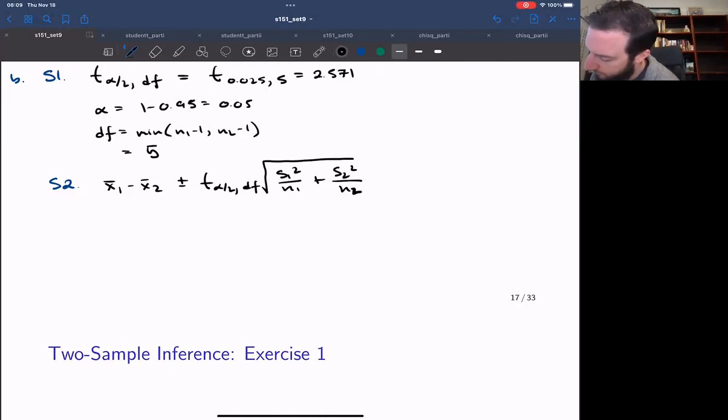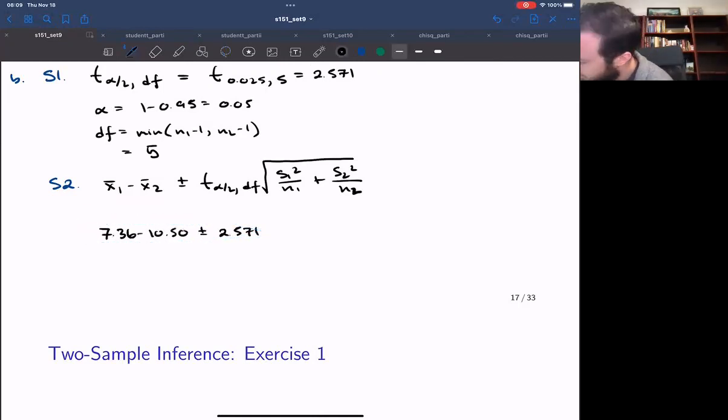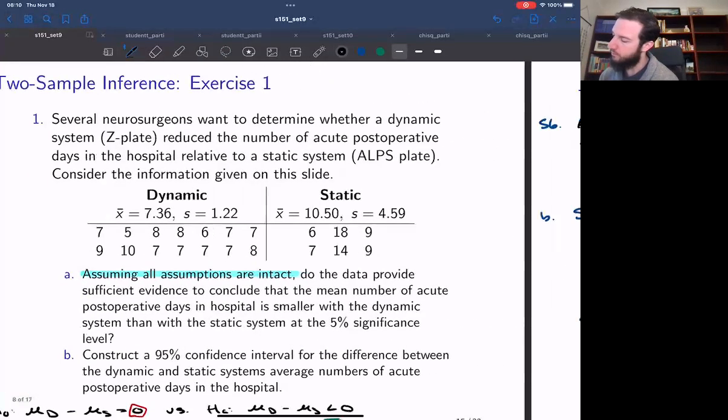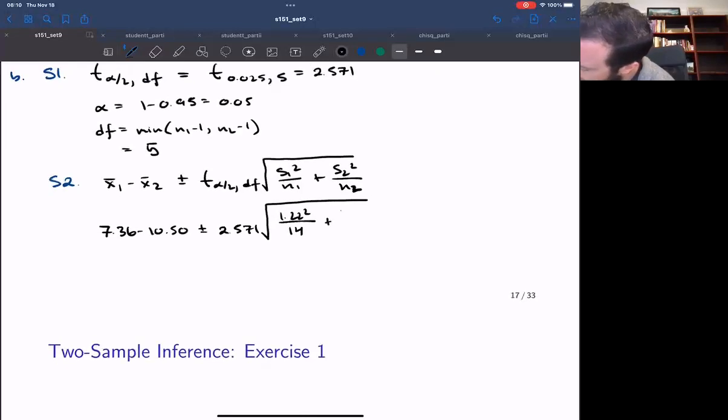All right, so this is going to give us 7.36 minus 10.50 plus or minus 2.571, multiplied by the square root of 1.22 over 14 plus 4.59 squared over 6.